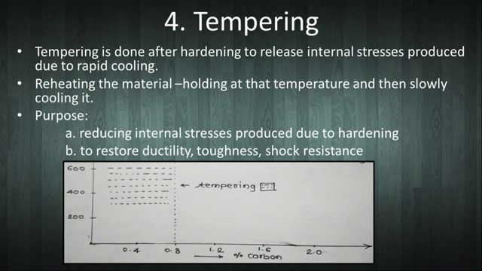In tempering, the part is reheated to a temperature less than hardening temperature, and it is held at that temperature for some time and cooled slowly. You can see the tempering temperature range in the figure.